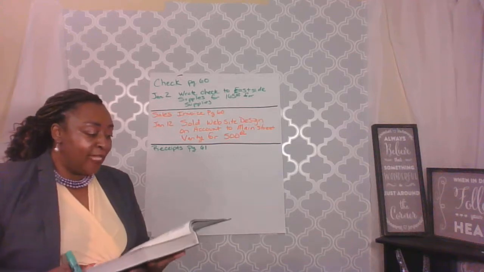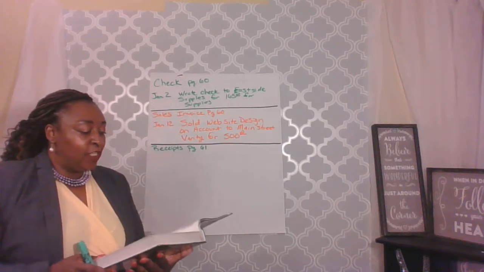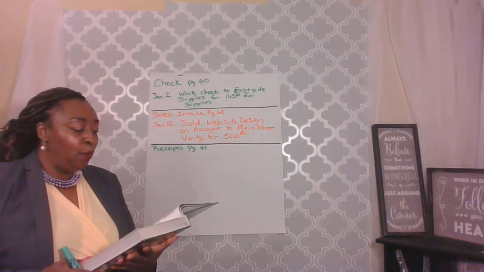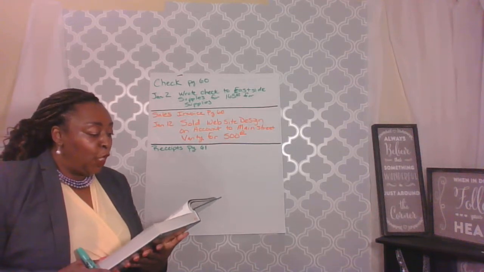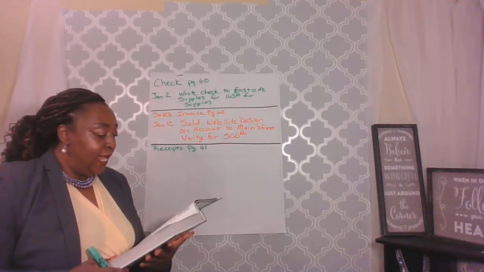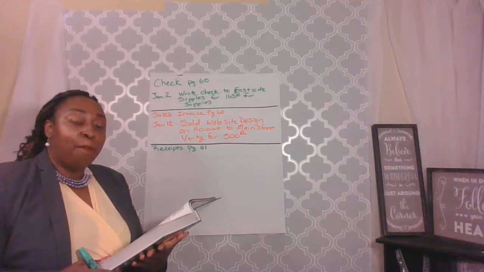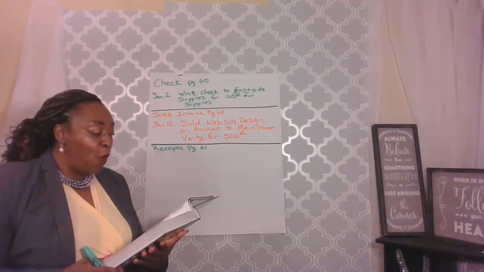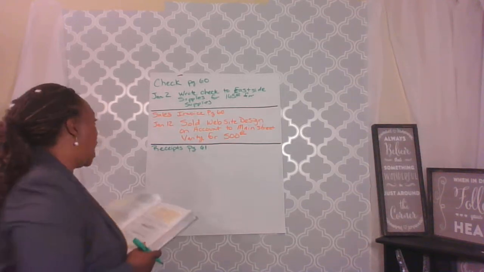This transaction is receipt number 1, and it occurred on January the 2nd. We received money from Michael Delgado for an investment of $2,000.